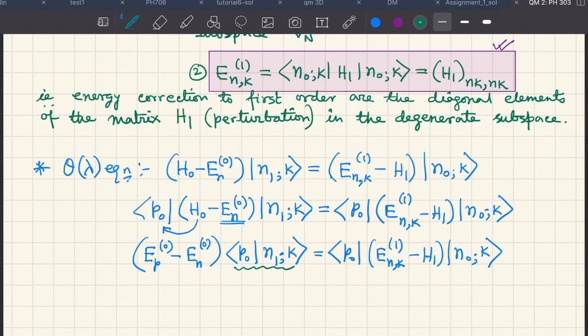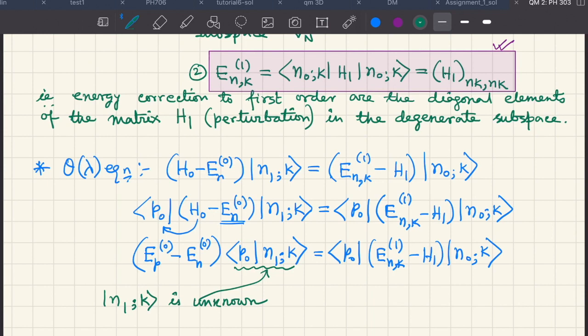Now let us look at this object. What is this thing? You note this important thing that n1 semicolon k is unknown to us at this stage. That's what we are looking for. We don't know what it is, and I am getting the component of this unknown correction n1k along the V tilde space.